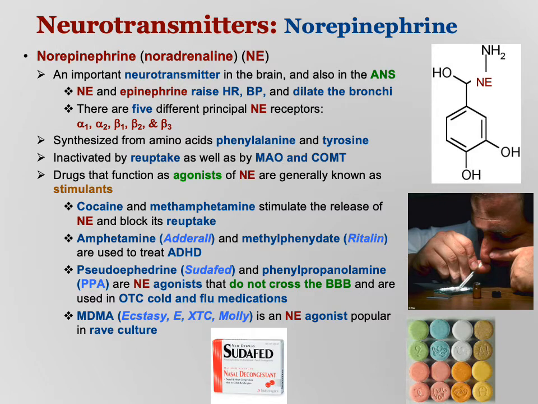And again, norepinephrine, in terms of behavioral consequences, this is the neurotransmitter that's worked on by drugs like MDMA, methylene dioxymethamphetamine. See, MDMA ecstasy is a form of methamphetamine. Did you realize that? Maybe you did. But yeah, Molly, ecstasy, E, you're taking a form of methamphetamine. That's why you stay up all night and dance and you rave all night long.